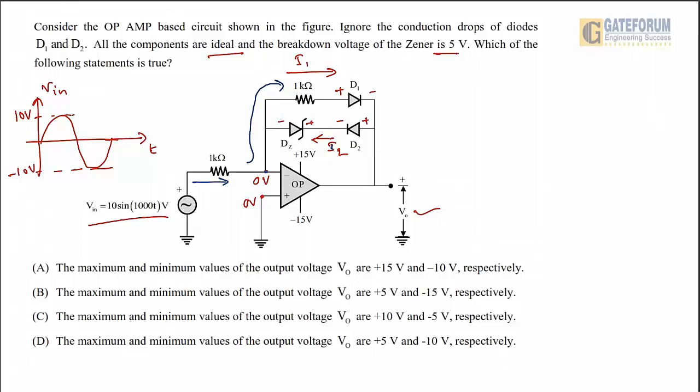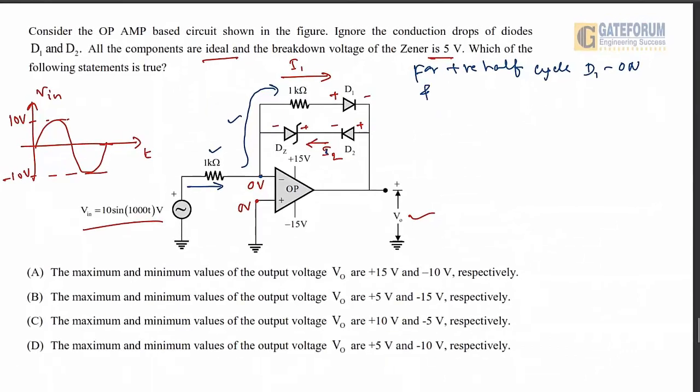So for the positive half cycle, as the node potential is 0 volt, the current will be directed in the way I had shown here. So for the positive half cycle, D1 is on and D2 and DZ are not conducting.